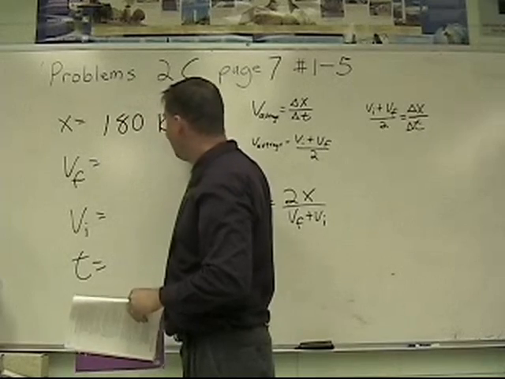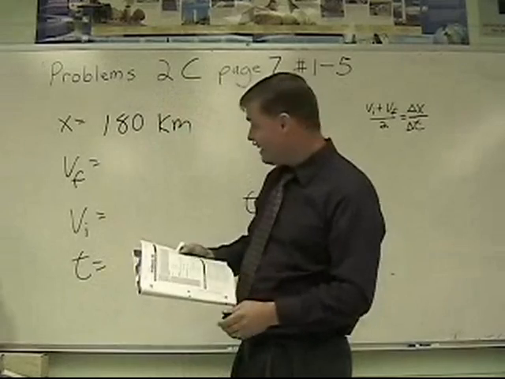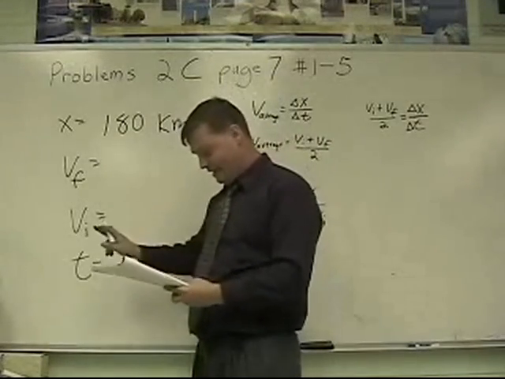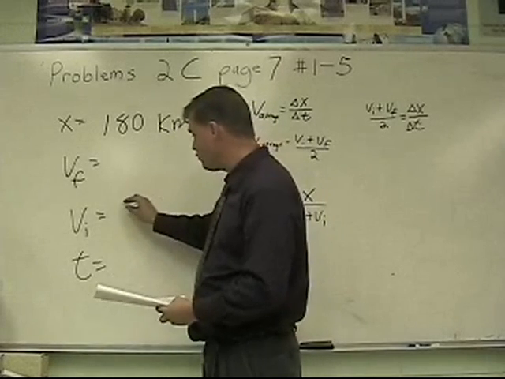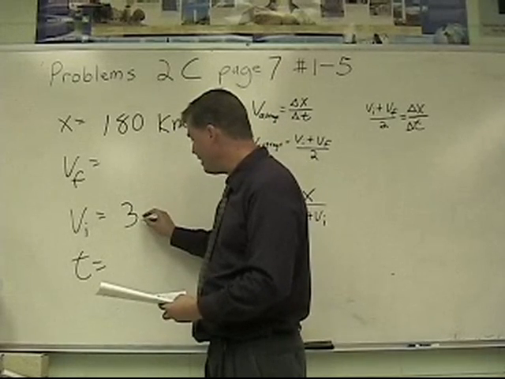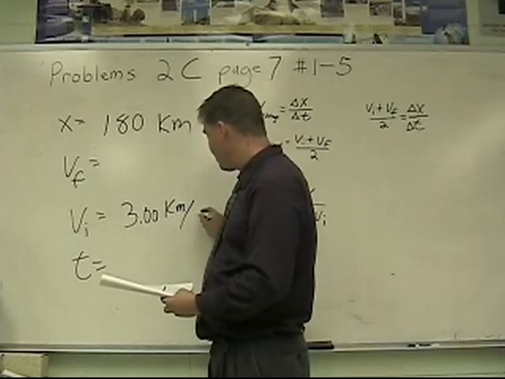180 kilometers. The initial velocity given to us, our VI, is 3 kilometers per second.